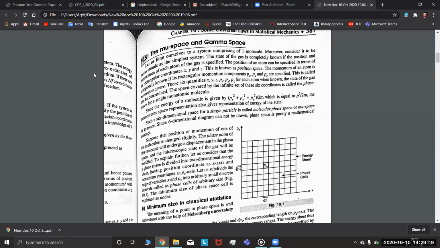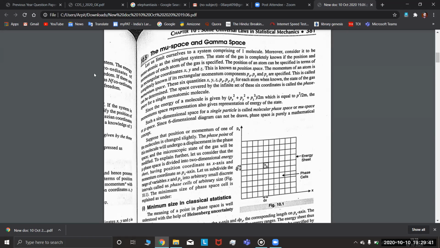The energy of a molecule is given by px square plus py square plus pz square divided by 2m, that is nothing but the kinetic energy, half m v square, which equals p square upon 2m. So the momentum space representation also gives a representation of the energy of the state.